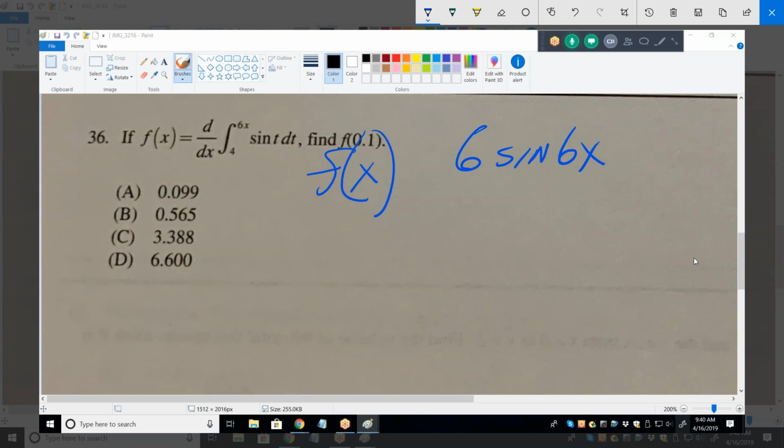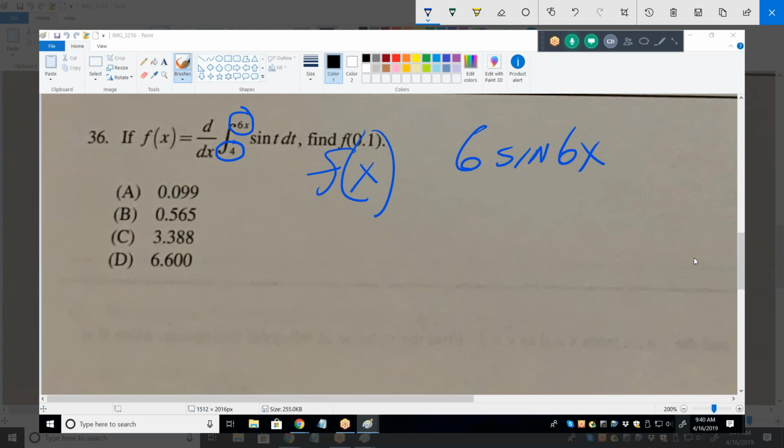The fact that that is a constant is the only thing that matters. It can be 1, it can be 4, it can be 1,000,000. As long as that is a constant, not a variable, then you're going to plug in that variable for t, and you're going to multiply it by the derivative of that variable.